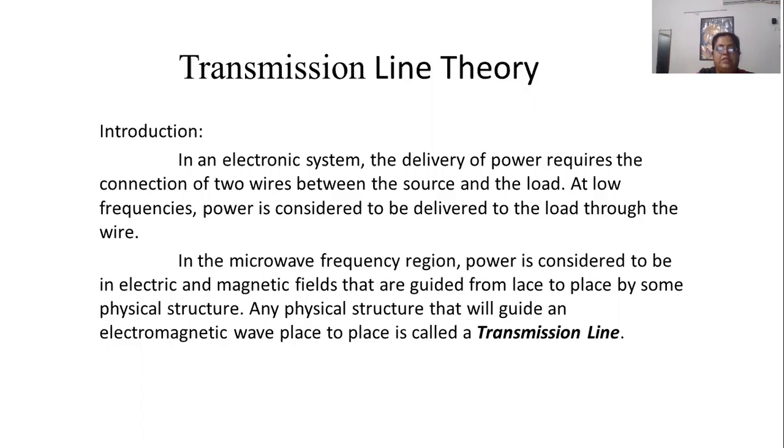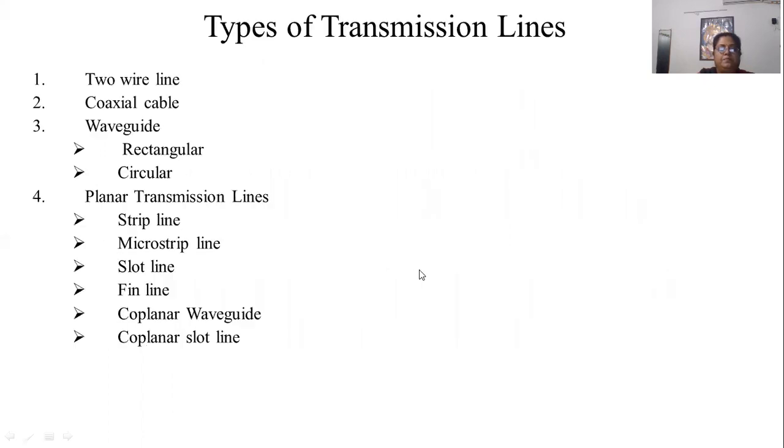Any physical structure that will guide an electromagnetic wave from place to place is called a transmission line. There are mainly four types of transmission line. One is the two-wire line. Second, coaxial cables.